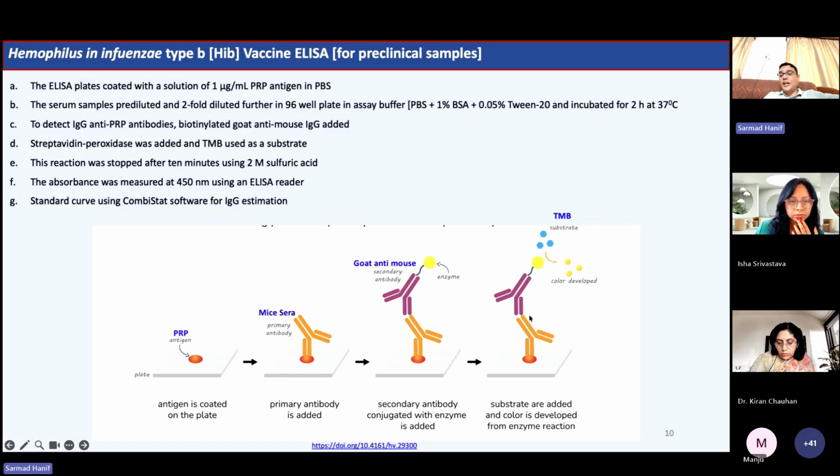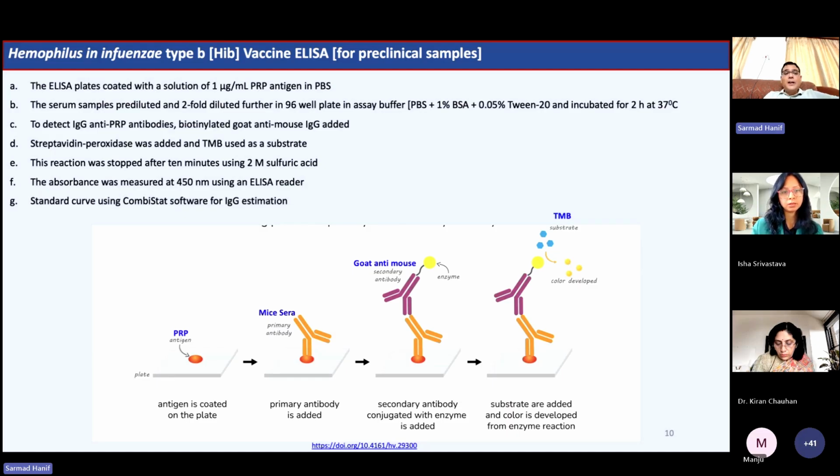We put the TMB, tetramethylbenzidine. Once it is there, it gives you a color which is blue. And if you want to read the TMB color, it is read at 630 nanometers. If you want to go ahead with the stop solution, which is generally 2 molar H2SO4, you put it in the well, and that gives you a yellow color.